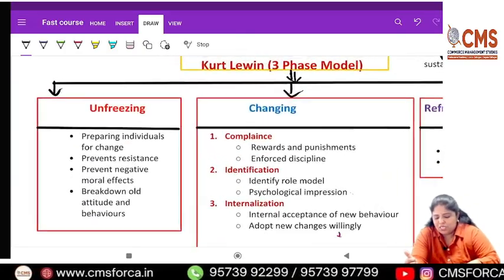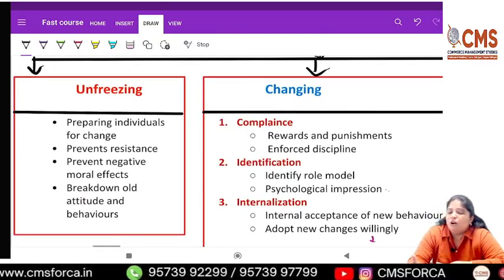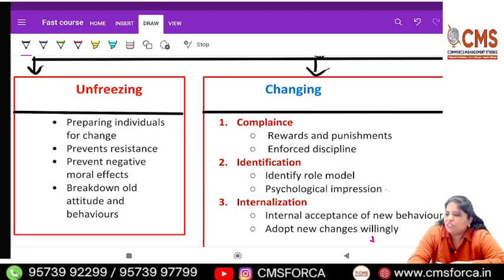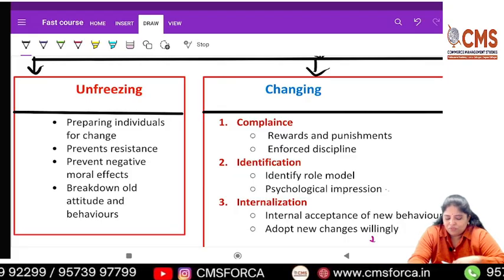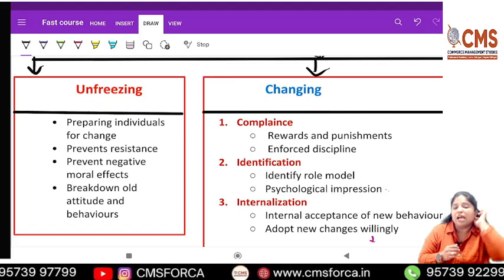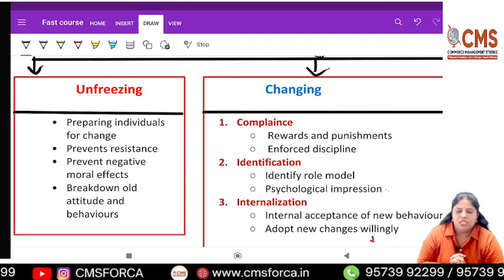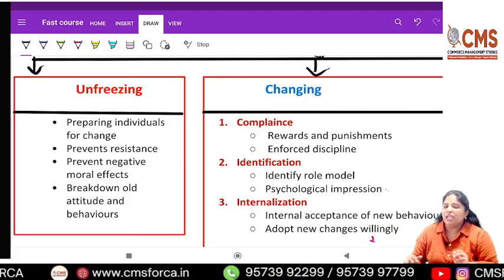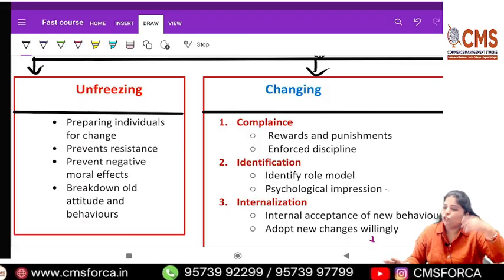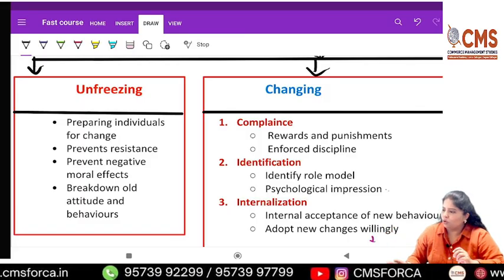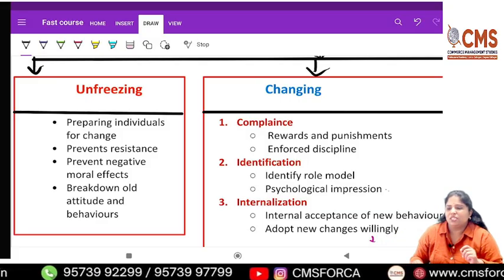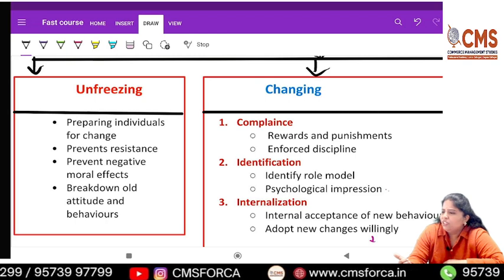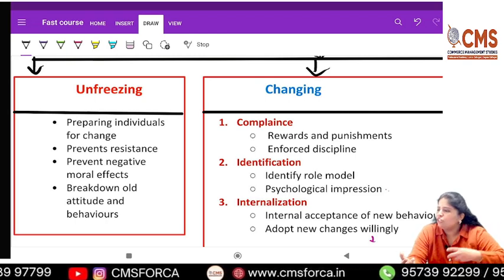So let's focus on the first step of Kurt Lewin's three-phase model, which is unfreezing. First, understand what is done towards unfreezing. If I tell my employees, I'm bringing in new software, from tomorrow you stop using the old software and start using the new one. Are you trained? Don't you think it came as a shock to you?